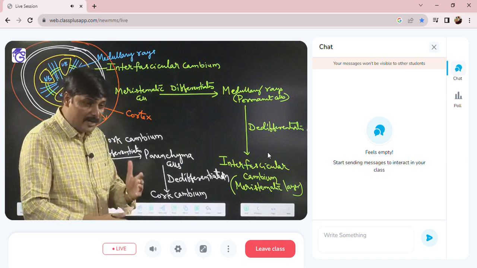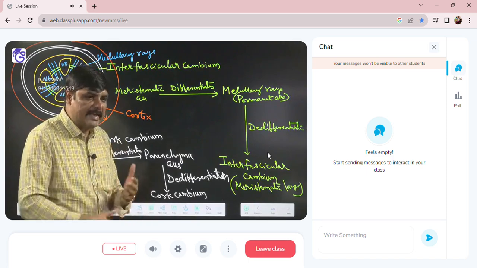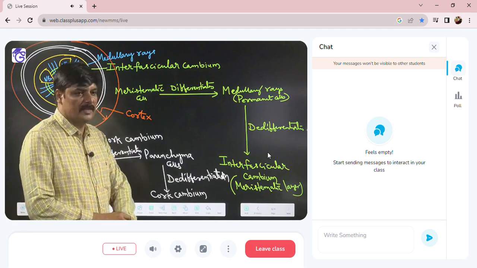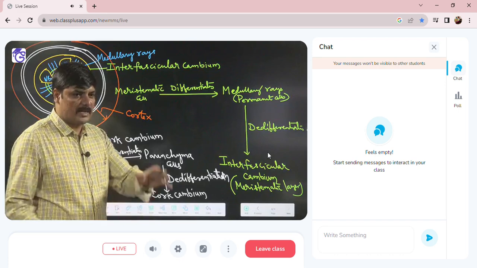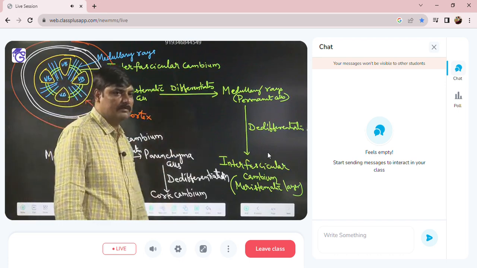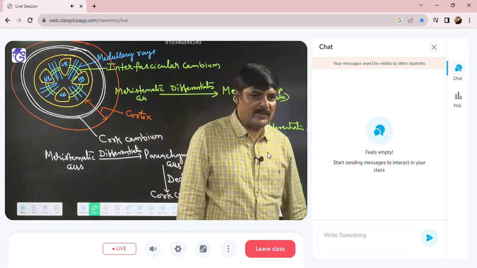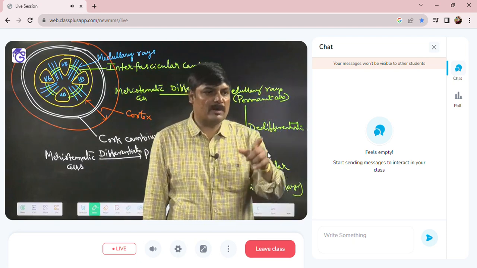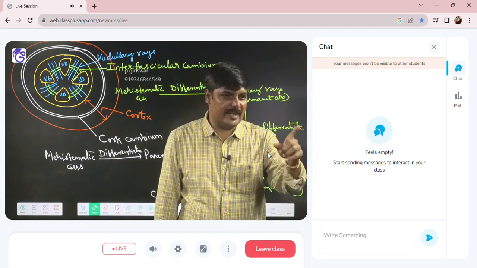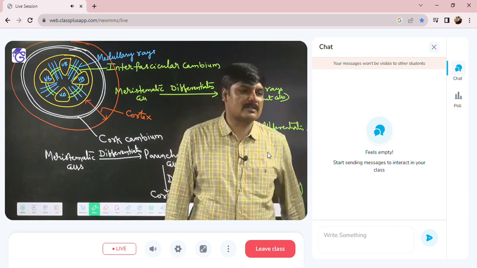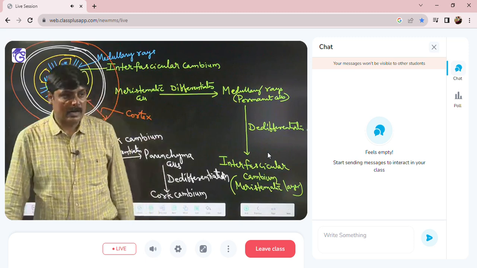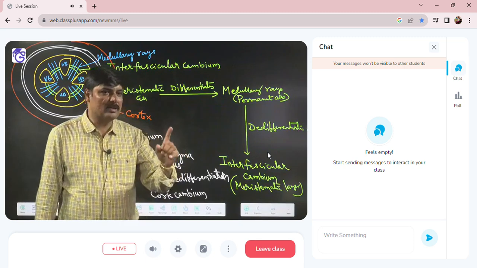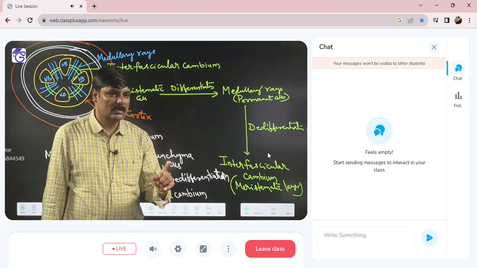Yes, a differentiated cell again differentiated, that is called de-differentiation. Yes, cortex is a parenchyma. Interfascicular cambium and cork cambium are formed due to de-differentiation. Exactly 100% correct. And that is very important for NEET also. Understand?